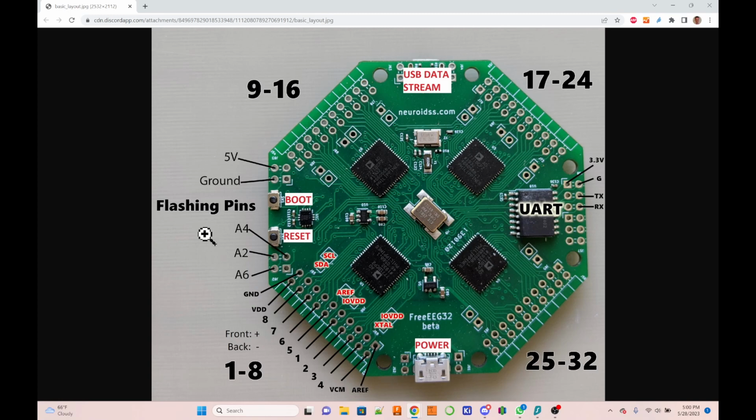But that is far outside of my knowledge base. I know how to do it step by step, but I don't know how to talk more about these things. But anyway, for the moment, no one should be needing to do that because everyone's board is already pre-flashed. So yeah, that is all the ways to connect a headset.